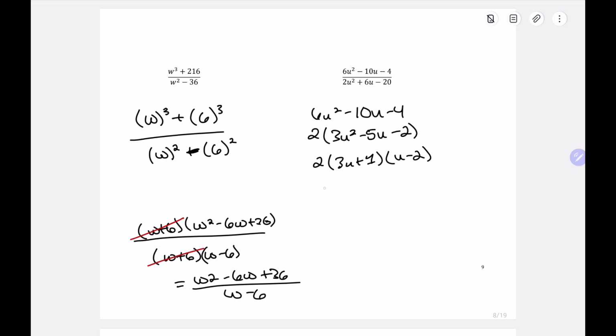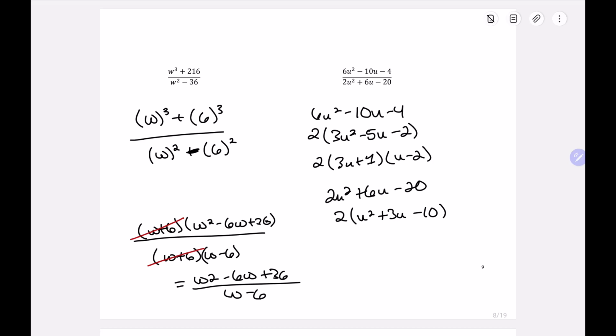If we look at 2u squared plus 6u minus 20, if we pull out a 2, we're left with u squared plus 3u minus 10. And we can see that it is an x squared plus bx plus c form.